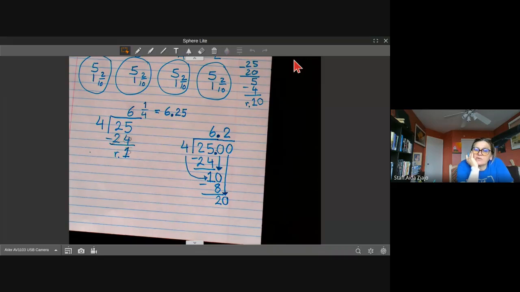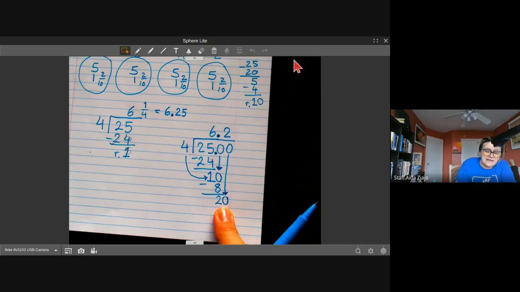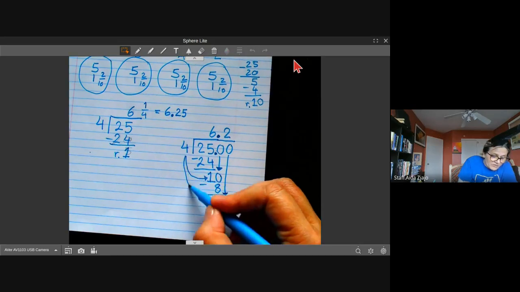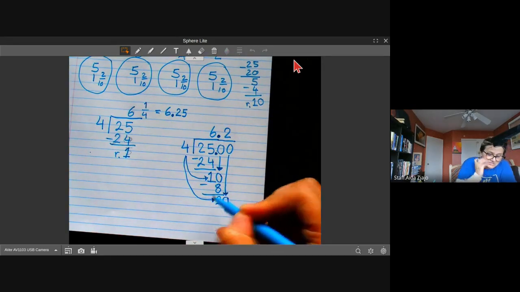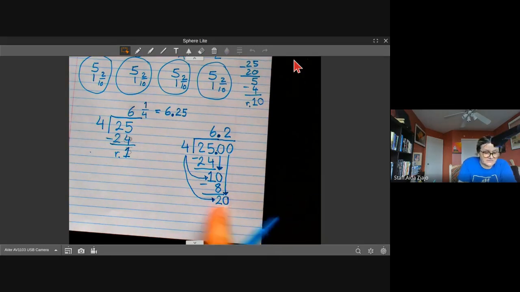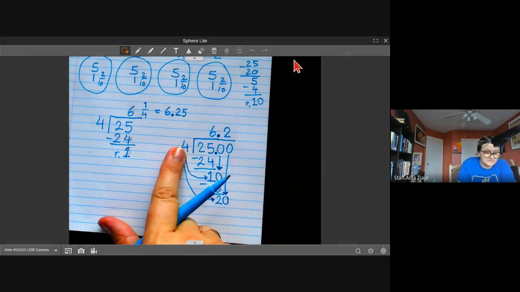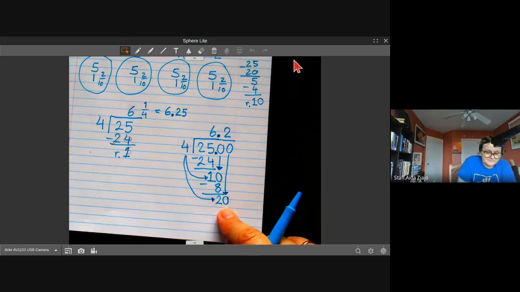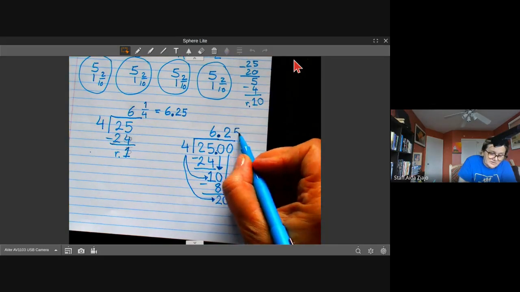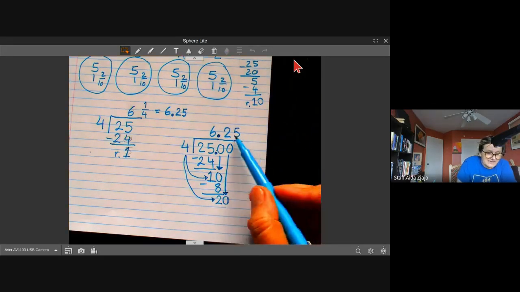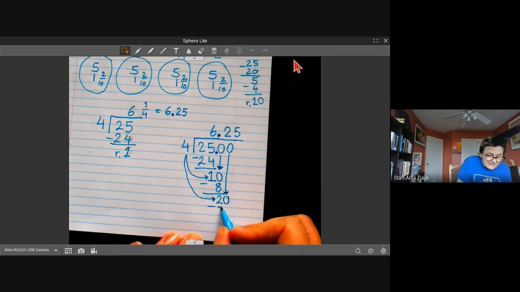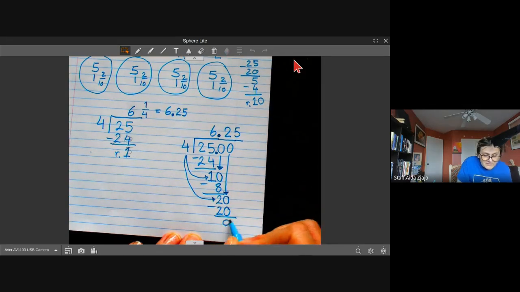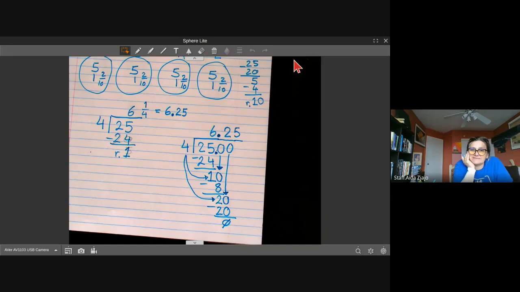And I can change those 2 dimes into 20 pennies, correct? 2 dimes is the same as 20 pennies. And now I can equally share 20 pennies into 4 groups. Because 4 times what makes 20? I believe you know that 4 times 5 equals 20. And look, I don't need to worry about going further. I found my answer as a decimal.